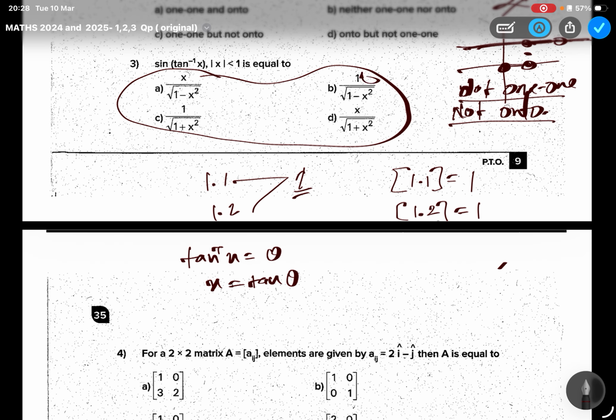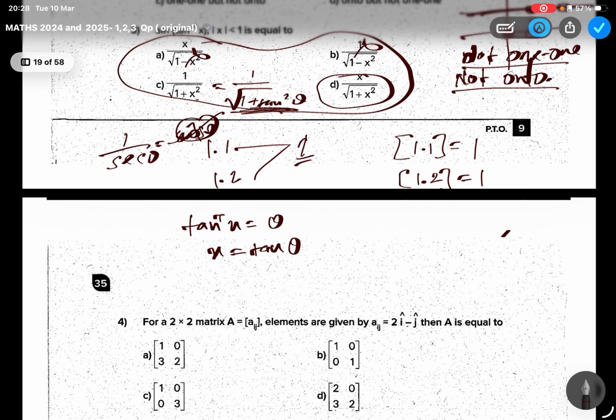Here you can't substitute tan theta, 1 minus tan square, there is no formula. If you substitute x equal to tan theta, then it will be 1 divided by 1 plus tan square. 1 plus tan square is secant square. 1 by sec theta is equal to cos theta. It is not sin theta. So the last option is this one.